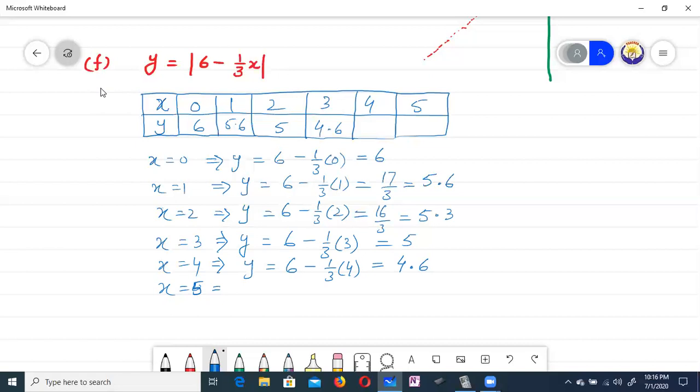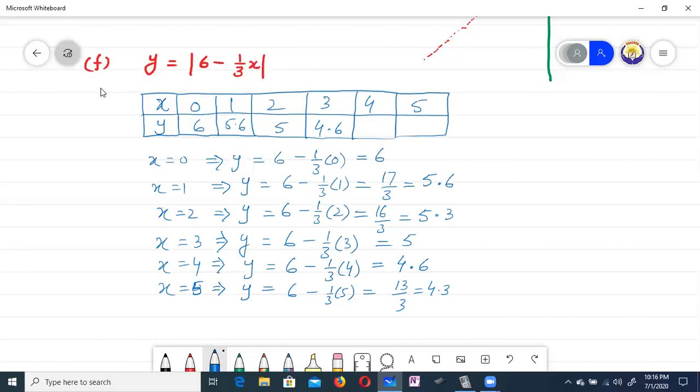Then x equal to 5, this implies that y will be equal to 6 minus 1 by 3 into x, x is 5. That will be 6 3s are 18 minus 5 is 13 divided by 3, that is coming 4.3.